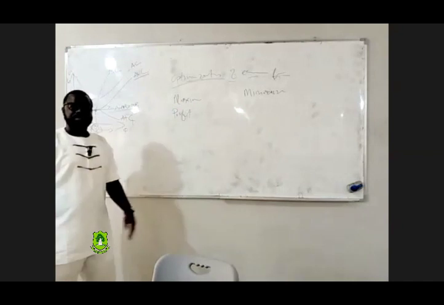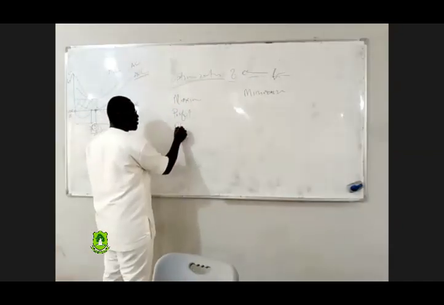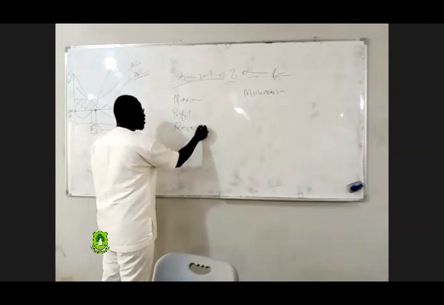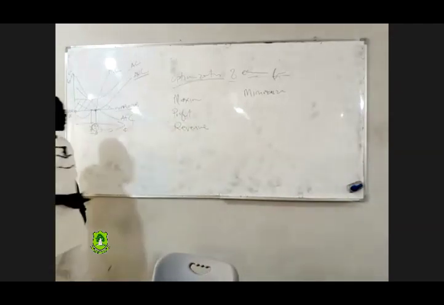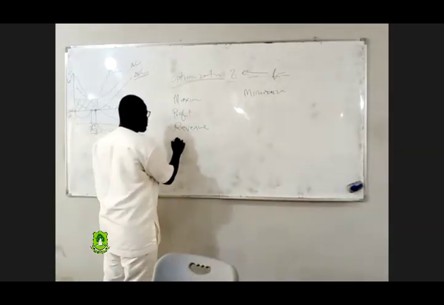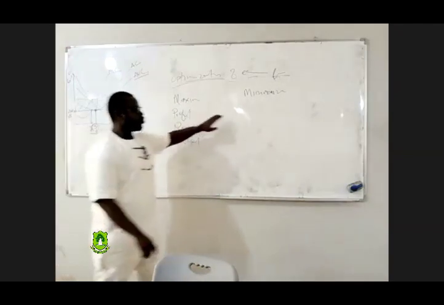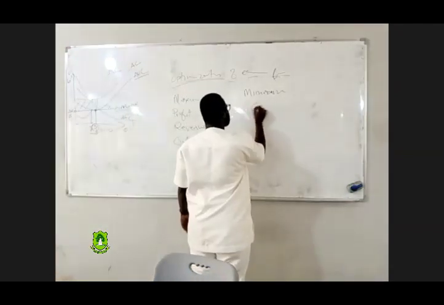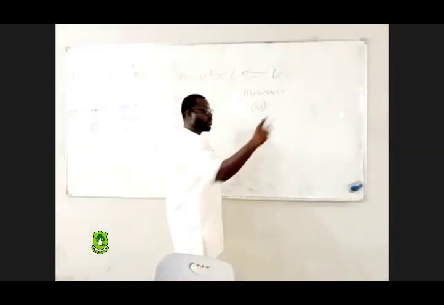Another is what? Revenue or your sales, yes. You should also be interested in maximizing what? Output. You should be interested in minimizing cost. You should also be interested in minimizing loss.